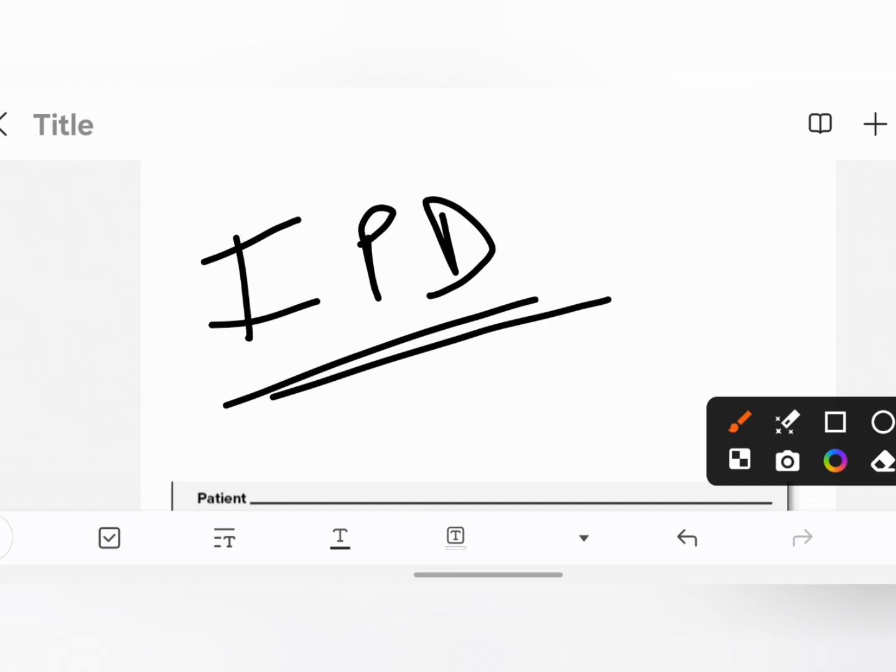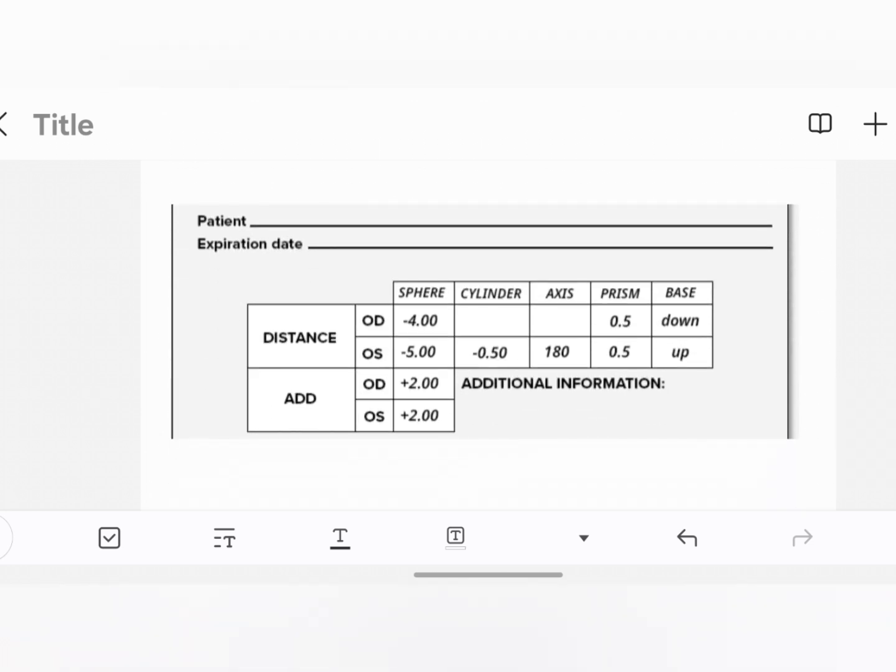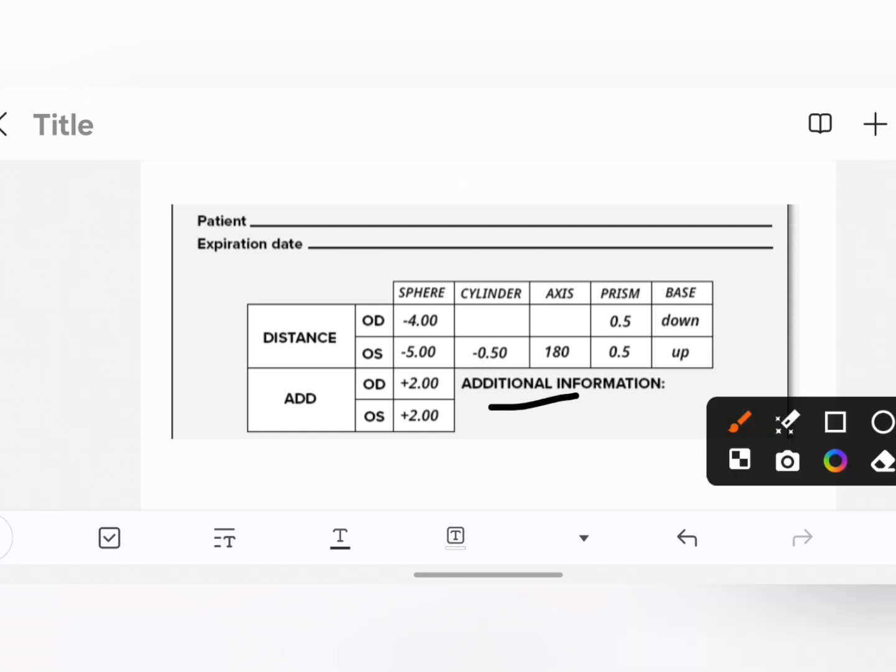This IPD is very important in glass dispensing, because here you can see the power is -4 and -5 in this prescription with a cylindrical number in the left eye. Alongside, prism is also given. So proper interpupillary distance measurement should be there, otherwise it will lead to blurring of vision or distortion, sometimes shading, diplopia. All this can also be there. So this is why interpupillary distance measurement is written in this additional information section.